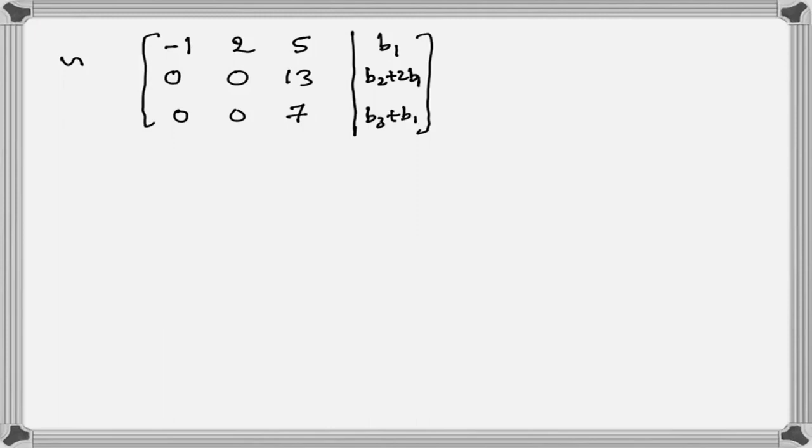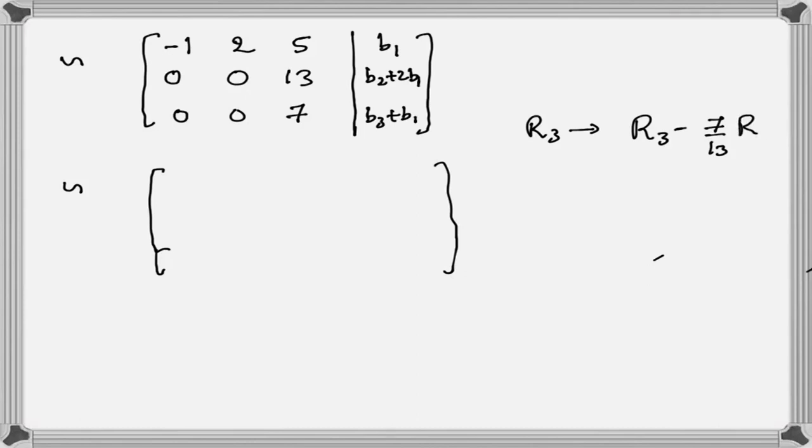Now we need to reduce it further because so far we cannot say anything about the rank of these matrices. So now I will apply R3 goes to R3 minus 7 by 13 R2. So minus 1, 2, 5, b1; 0, 0, 13, b2 plus 2 b1, no change.